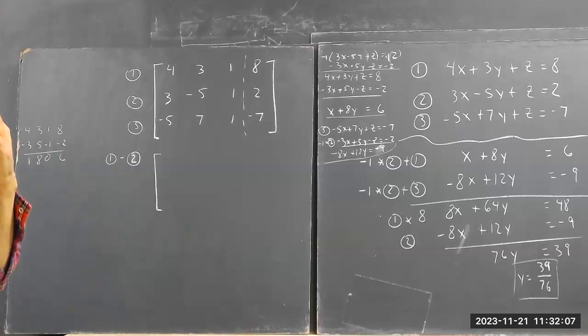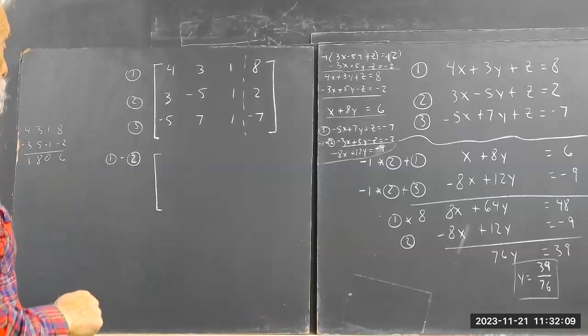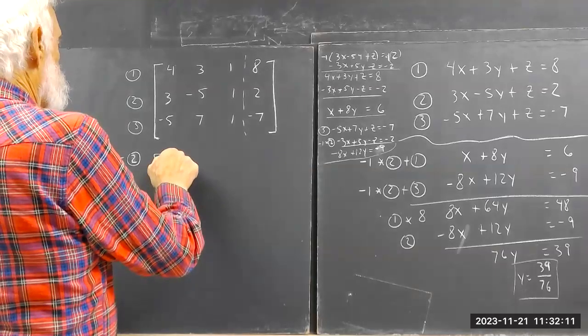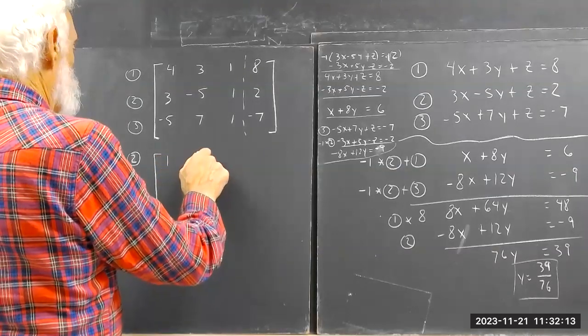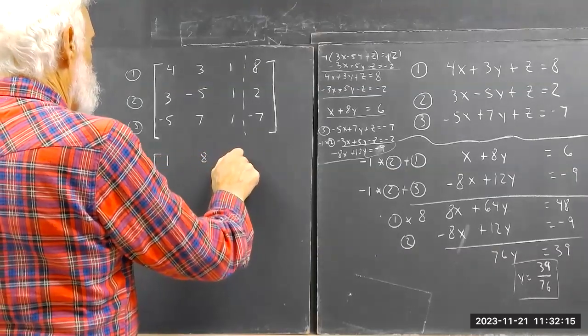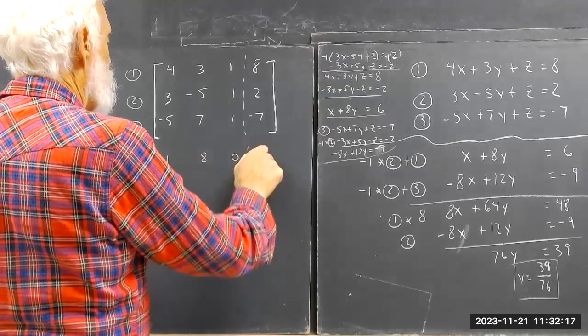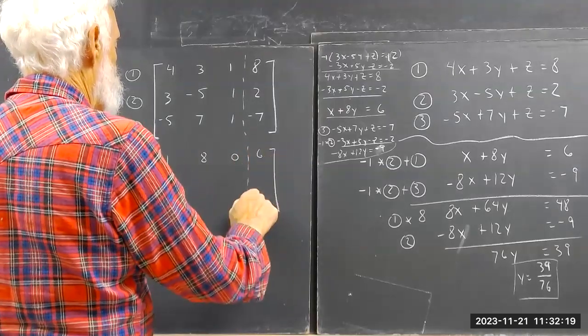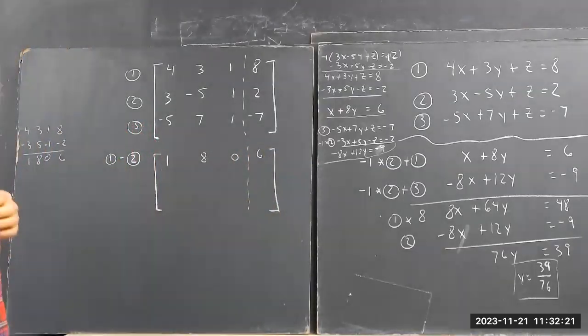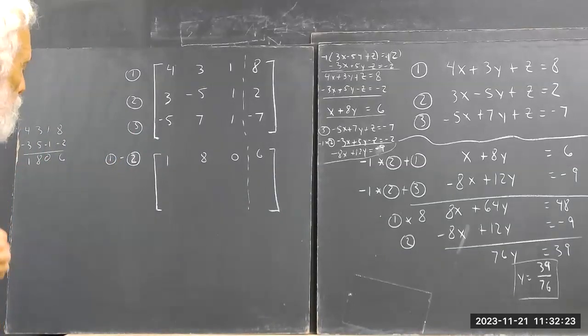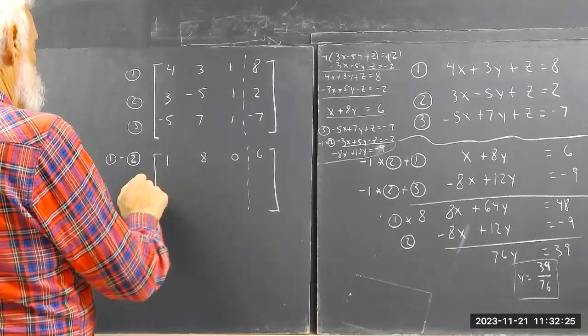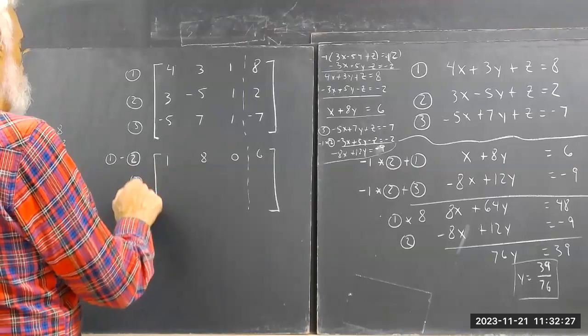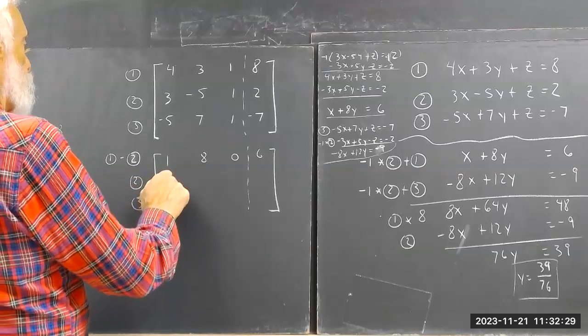Okay, so it's easy to do that. So my first row is going to become 1, 8, 0, 6. Now I'm going to just write down equation 2 and equation 3 as they already were.